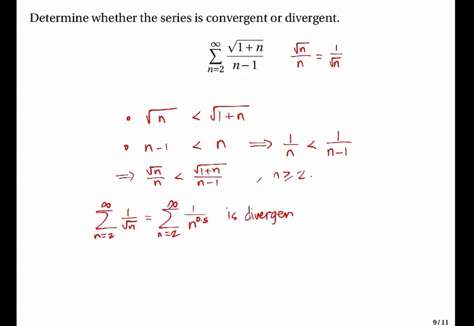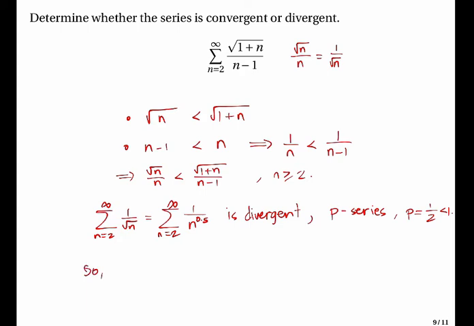This is divergent because this is a p series with p equals 1/2, and this is less than 1. Okay? And therefore, this guy here is also divergent.